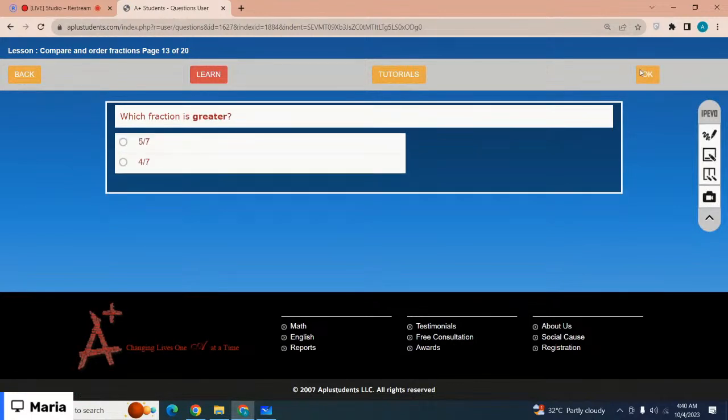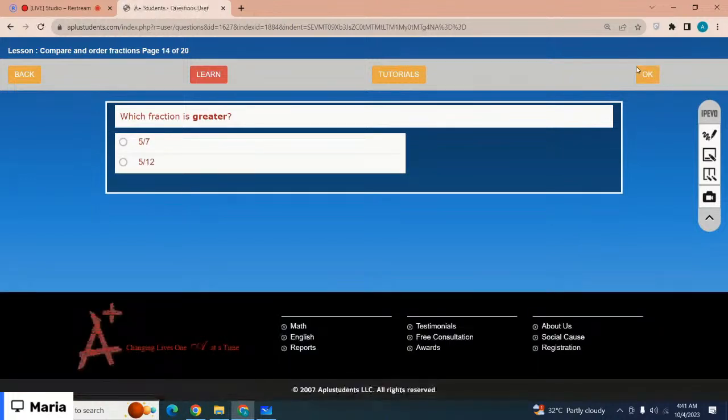Very good. Which fraction is greater, 5 over 7 or 4 over 7? 5 over 7 is greater.